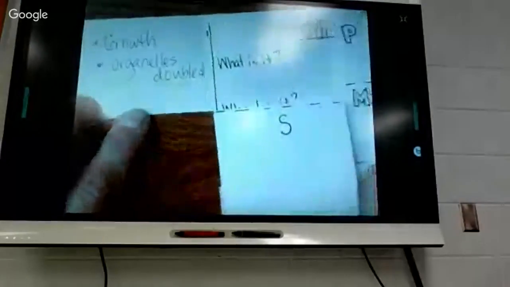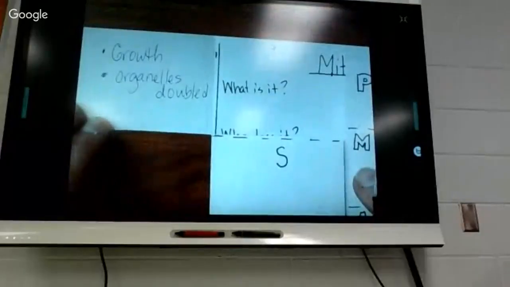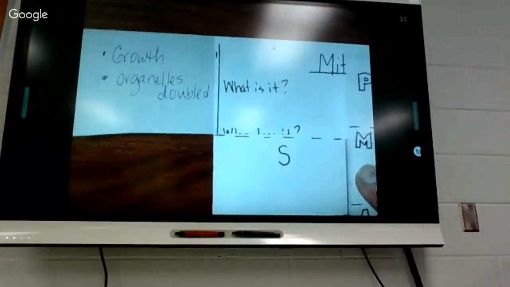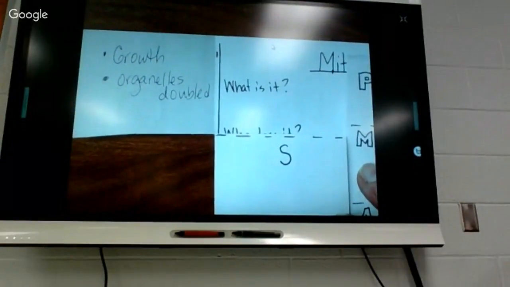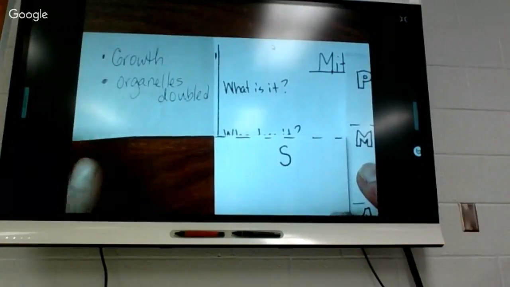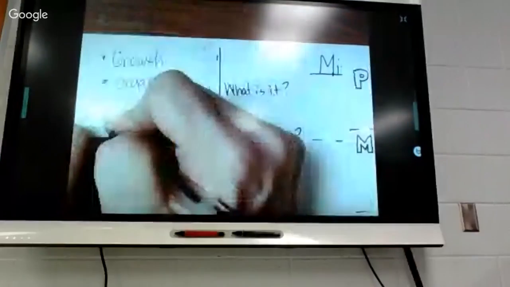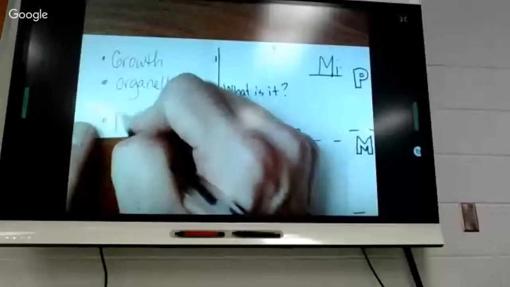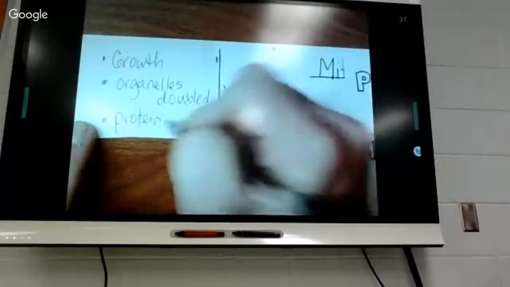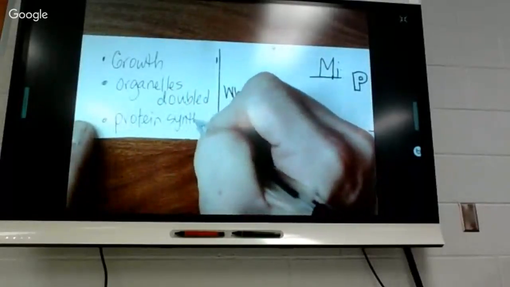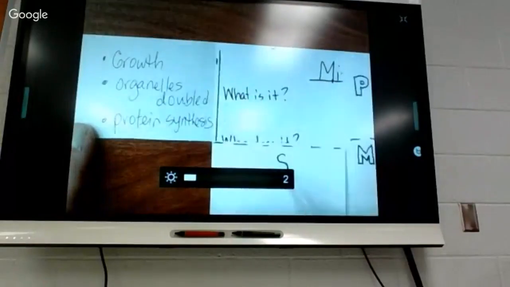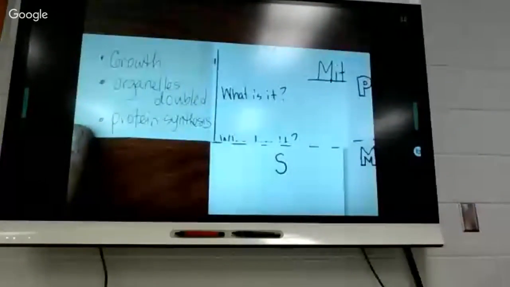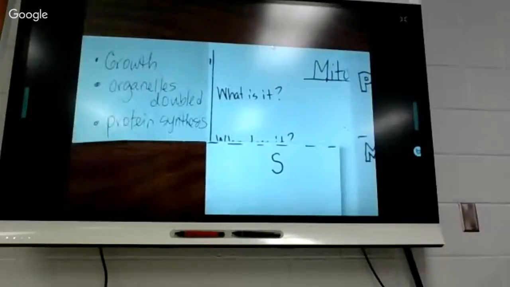If we had 10 mitochondria, we have 20. We said you have double the organelles, so you need more space. And then what else was made? Yeah, proteins, protein synthesis. RNA has read the different genes and is making the proteins that are necessary. So those are the events of G1.